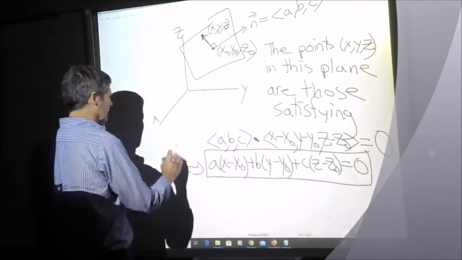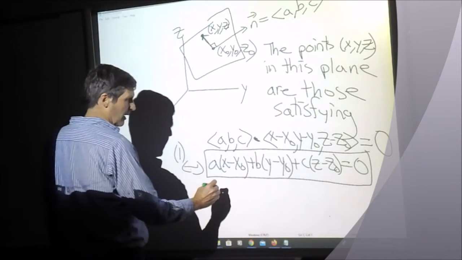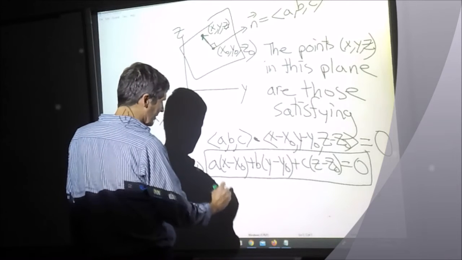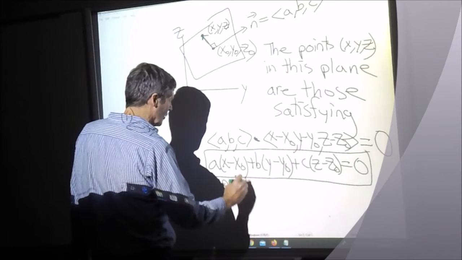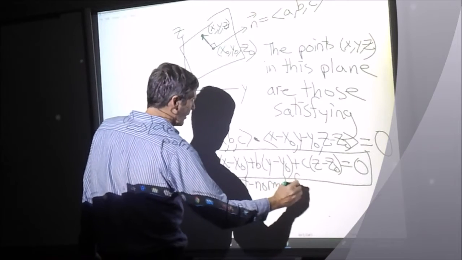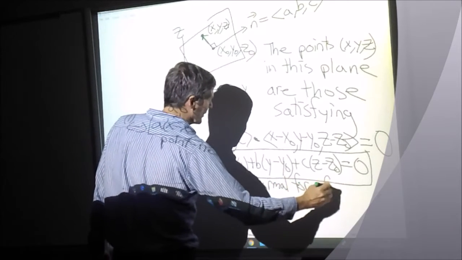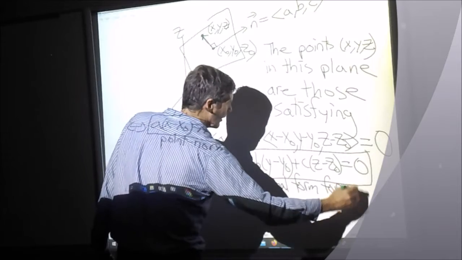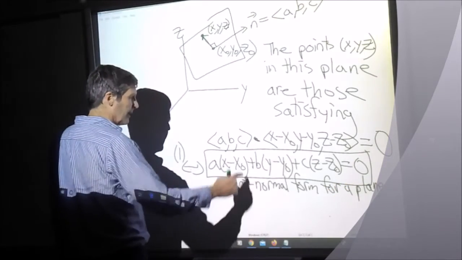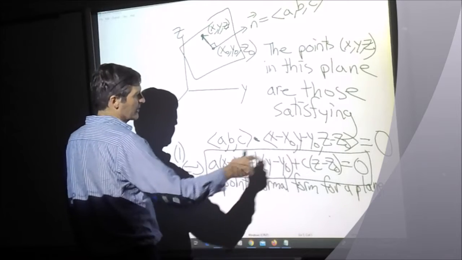This we can call equation 1. This is called the point normal form for the equation of a plane, with normal a, b, c and point x0, y0, z0.